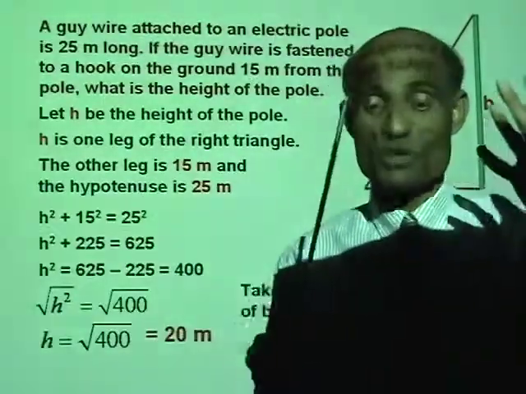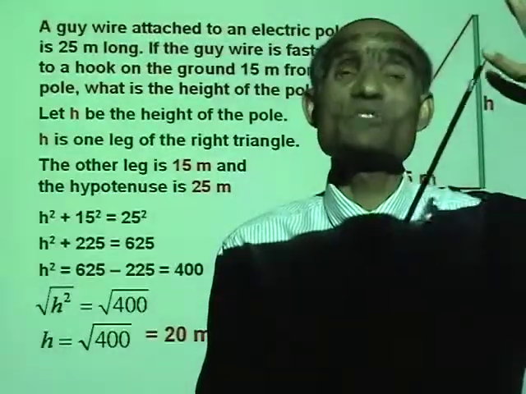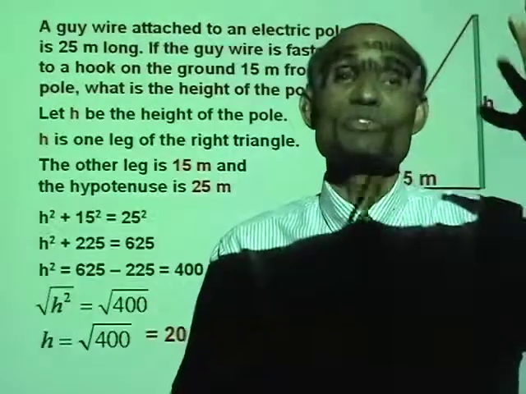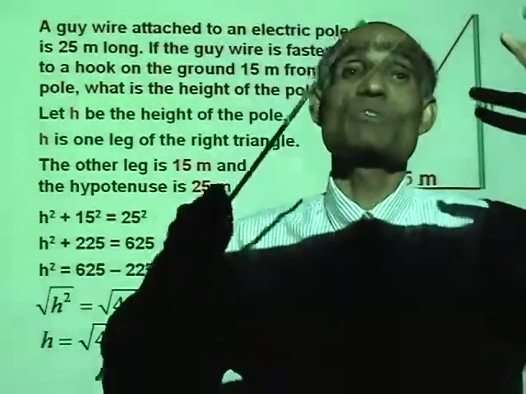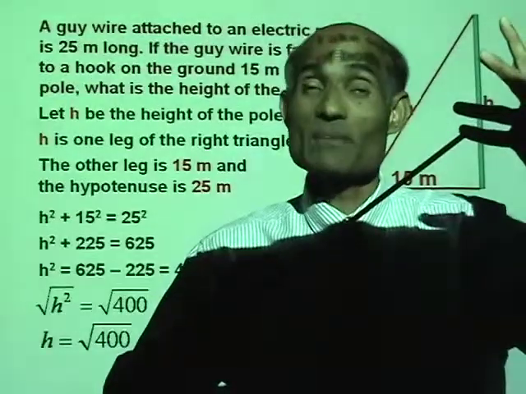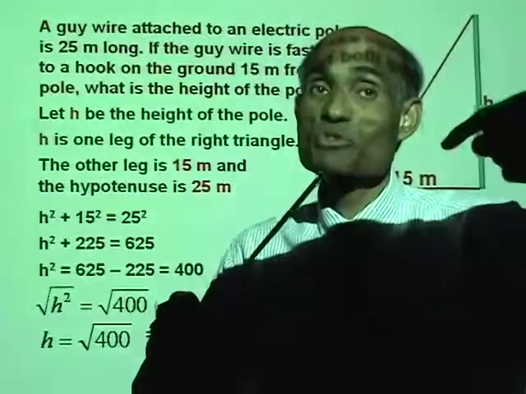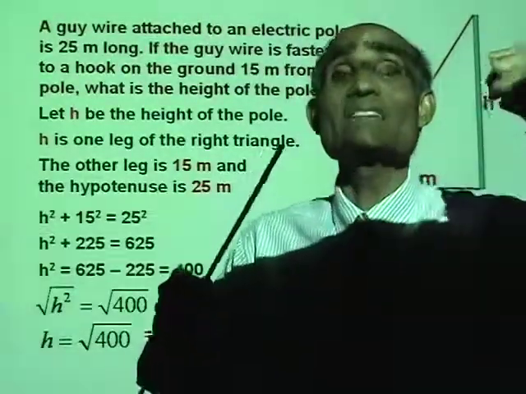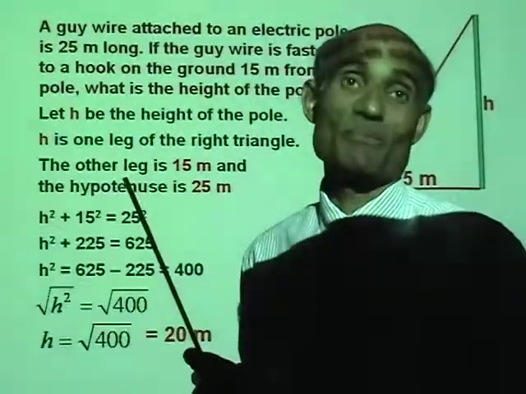In other words, you must know that 2 times 2 is 4, therefore square root of 4 is 2. 3 times 3 is 9, therefore square root of 9 is 3. Similarly, 2 times 2 times 2 is 8, therefore cube root of 8 is 2. So all those principles you must know.